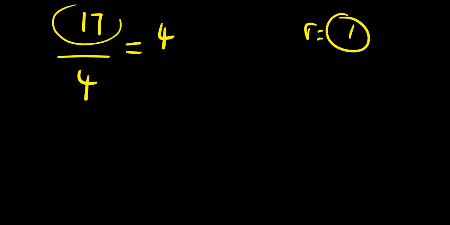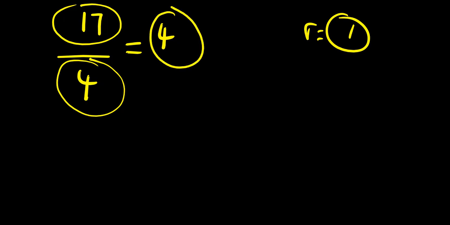The number itself divided by the divisor, which is 4, gives us the quotient of 4, plus the remainder, which is 1, over the divisor, which is 4. This is how you represent it.